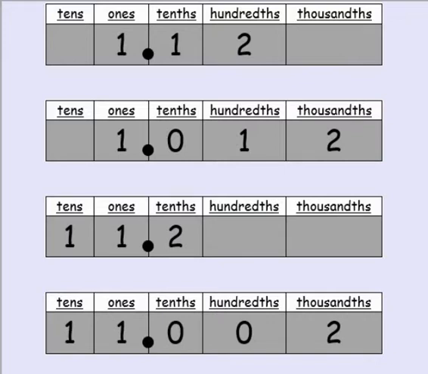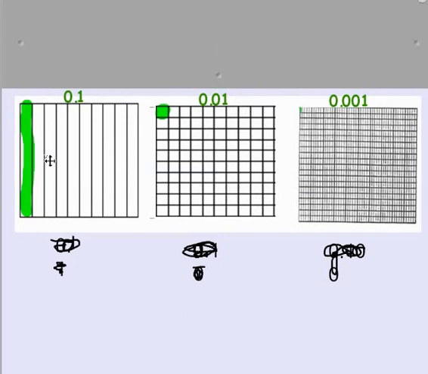Let's see how that looks as actual fraction decimal grids. So again, if there's 1 digit after the decimal, it's tenths. And that means that we have a whole that is divided into 10 equal pieces. In this case, I just have one of them, so that's 1/10. If your decimal has 2 digits after the decimal, then we're talking about hundredths, which means that your whole is divided into 100 pieces.